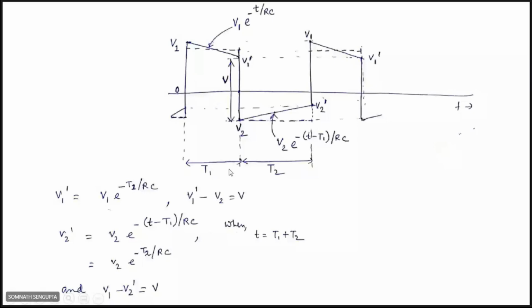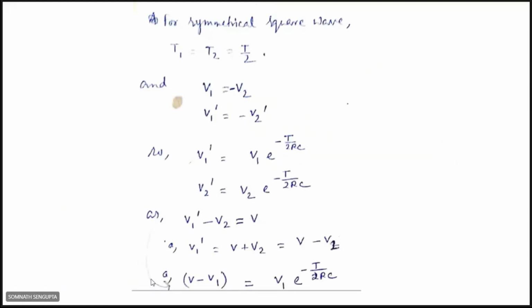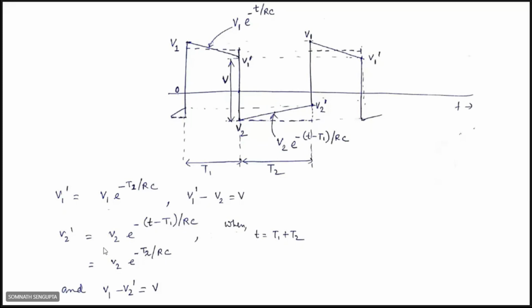Again, there is a change in the input voltage by V amount, so the output will also be changed by that amount. That is V1 minus V2 dash is equal to V. So these are the four equations, 1, 2, 3, 4. These four equations will be used to calculate the percentage of tilt.